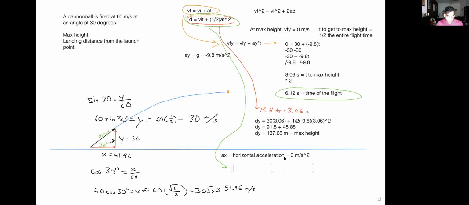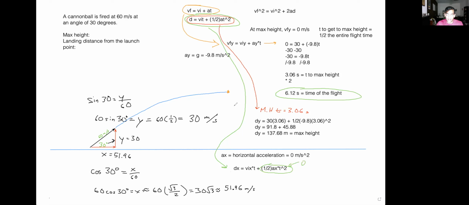And that would be that dx is equal to vix times t plus 1/2 ax times t squared. Couple things here. We know that acceleration horizontally is 0. So this entire second term, which I'm going to circle here in green, is going to cancel out because it equals 0. All right.